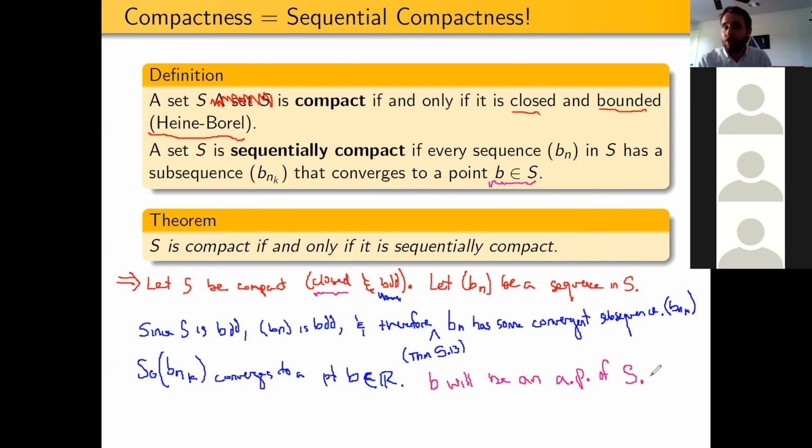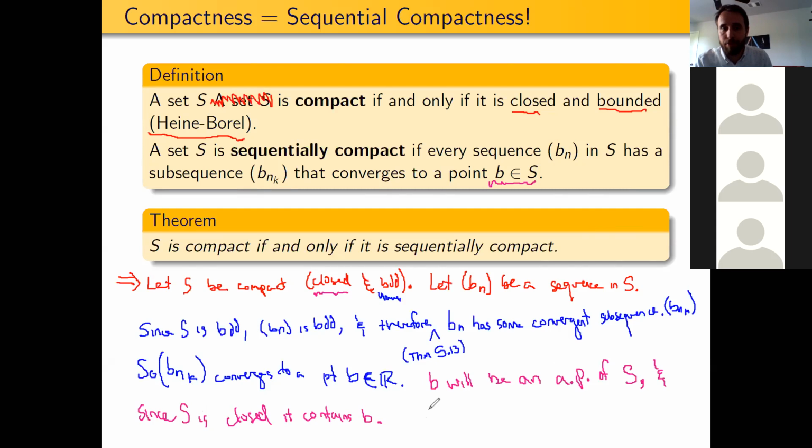So B will be an accumulation point of S, and since S is closed, it contains its accumulation points, including the point B.